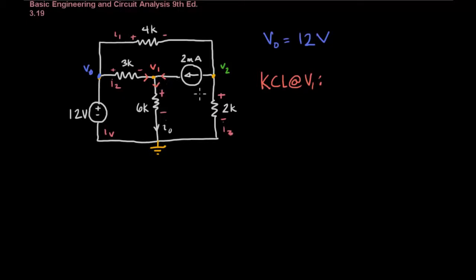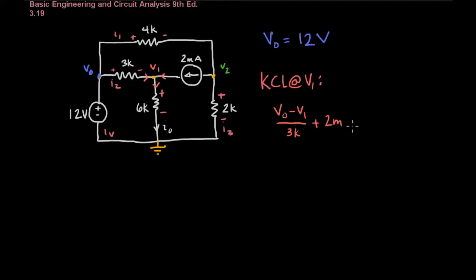Okay, and now we'll start over here, and we'll assume that going into the node is positive. So V0 is at a higher potential because of the current direction that we've chosen. So it's going to be V0 minus V1 over 3K. And then plus 2M, right, because that's also going in.